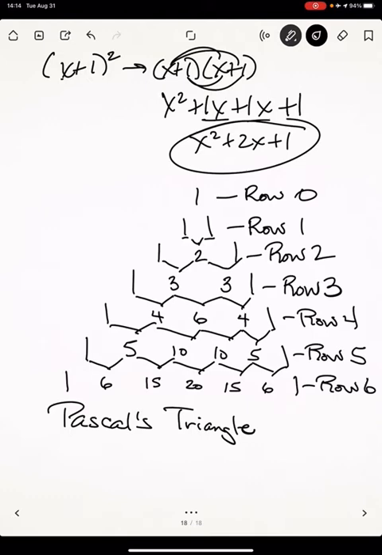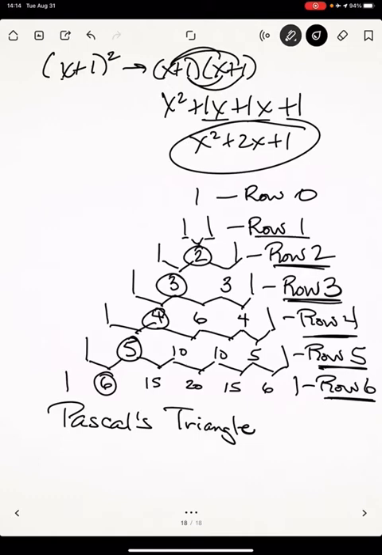The second number will always tell you what row you're on. Row 6 has a 6. Row 5 has a 5. Row 4 has a 4. Row 3 has a 3. Row 2 has a 2. Row 1 has a 1, because the second number tells you the row. And if you notice there's no number up here, that's why we have row 0.